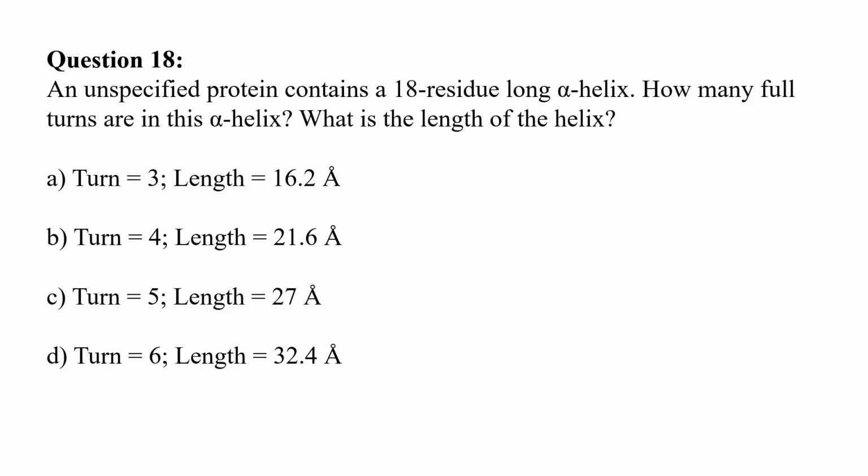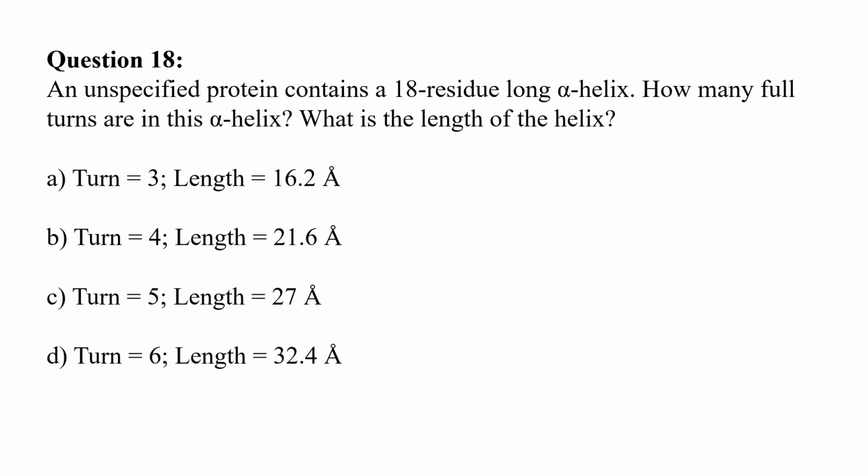So we have a helical structure made of 18 amino acids. Now how many out of those 18 amino acids will make up one turn? You have to know that. Then only you can calculate how many full turns will be there in the whole alpha helix.